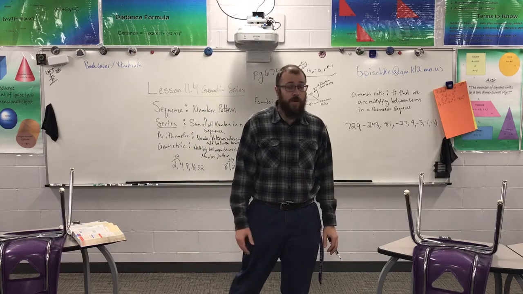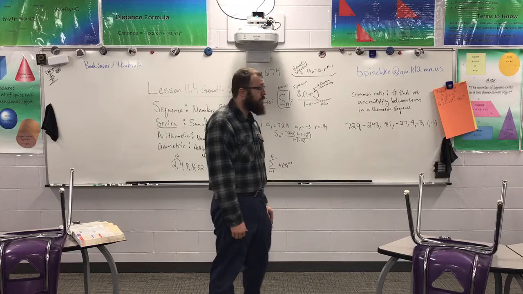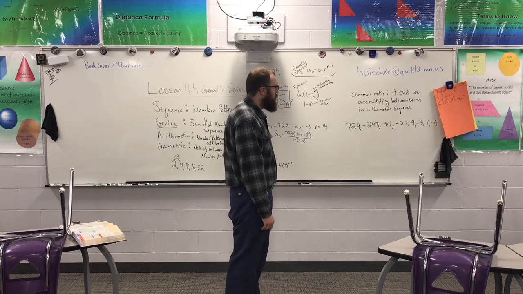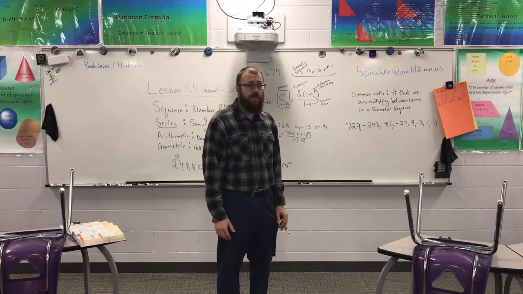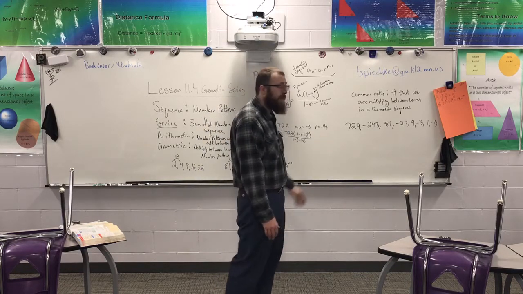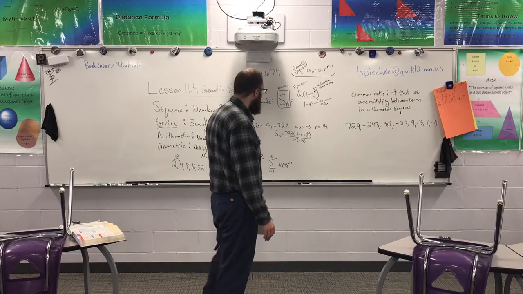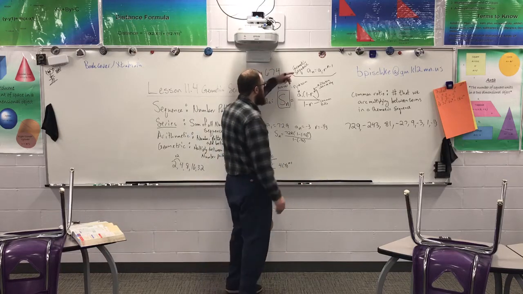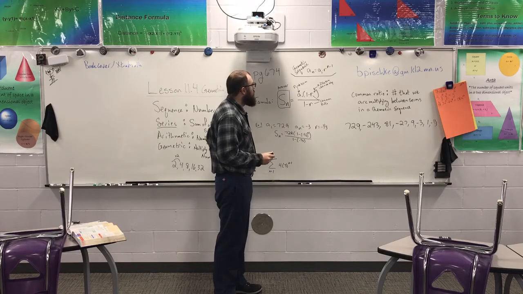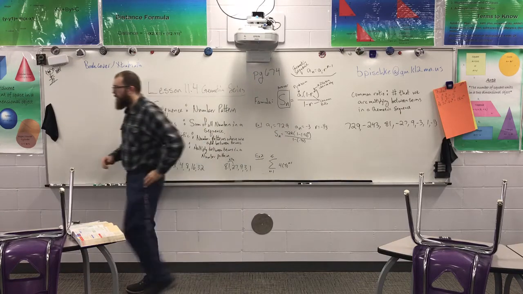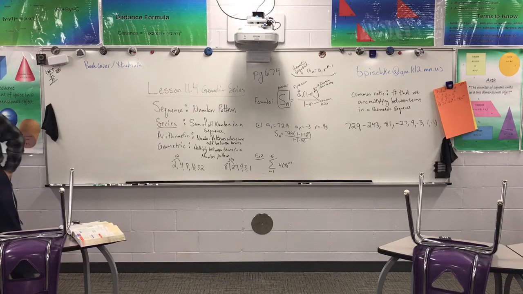Most of the time I would go back into the formula, and I will still go back into the formula, but for those of you who don't feel like you're going to be able to go back into the formula and be successful, this is a viable way to do this. I'm going to go back into my sequence formula though, and I'm going to talk about how to get my n value back out of that sequence.